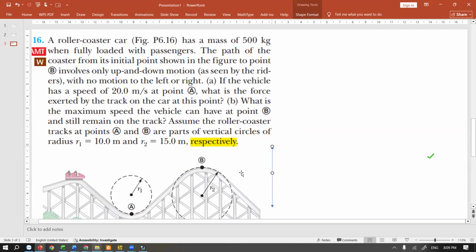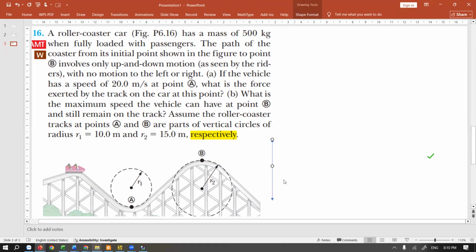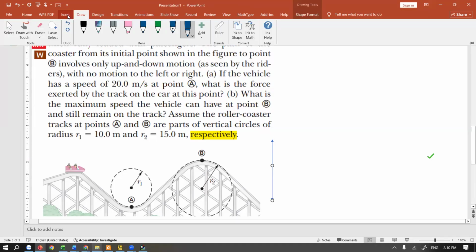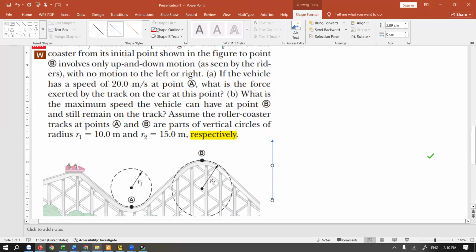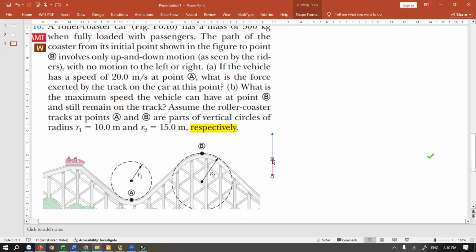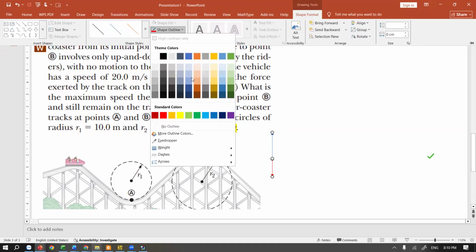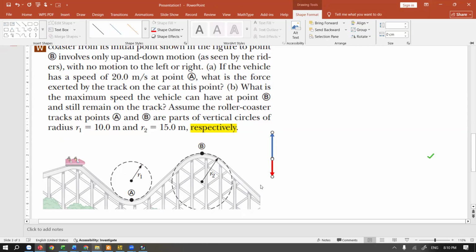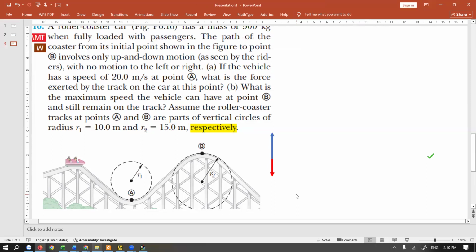But in this case, the center of the arc here is above the point A. So you can see that for the two forces here, the gravitational force must be smaller. Yeah? Must be smaller. So I reduce it a little bit. And maybe the arrow here must be a little bit thicker. Yeah? This here at A.